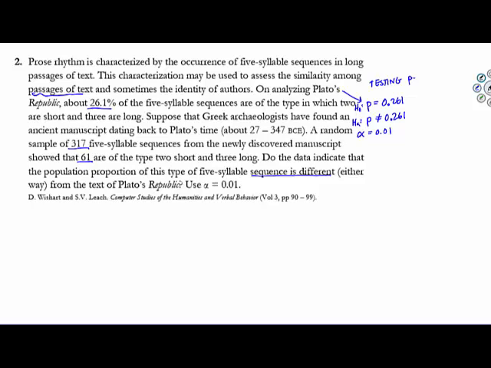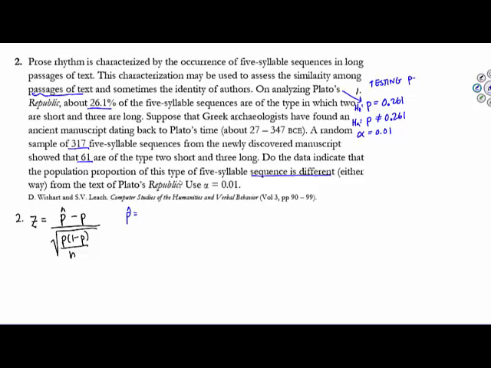To calculate the test statistic, now that we've made the null and alternative hypotheses, we can make the test statistic by remembering the formula. If it's a proportion, it's definitely a z test statistic: p hat minus p divided by the square root of p times 1 minus p divided by n. Now we need some pieces here. What is p hat?